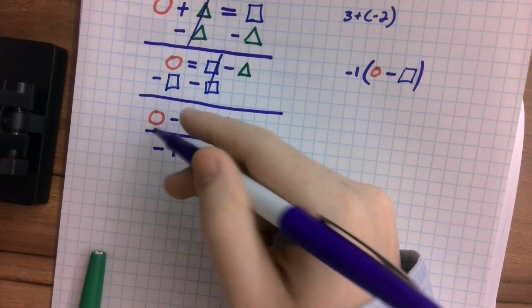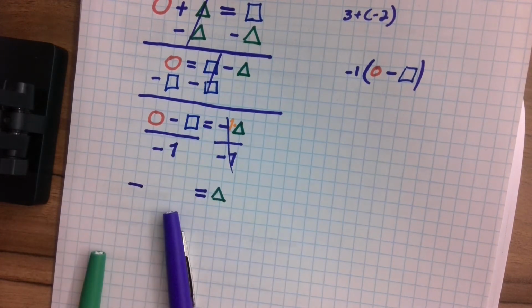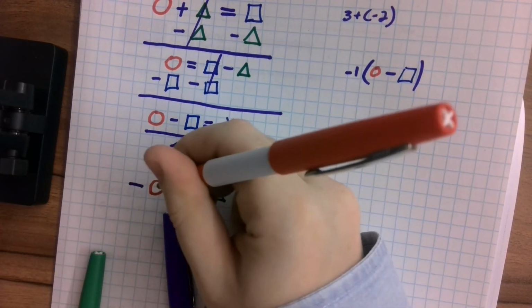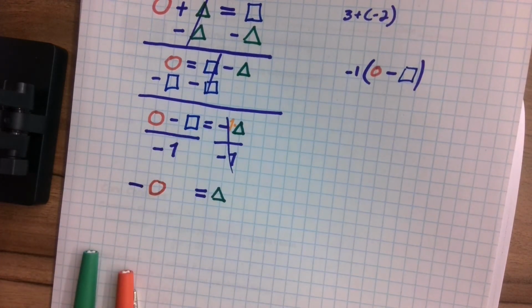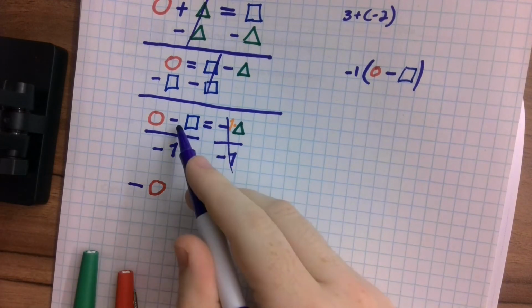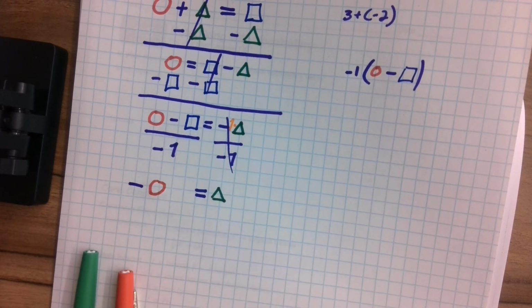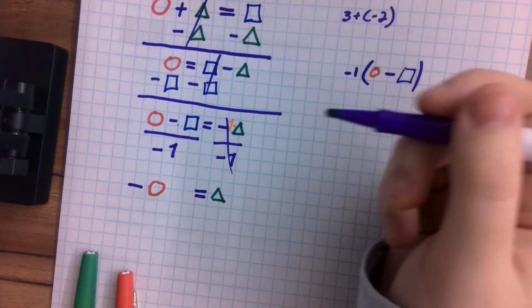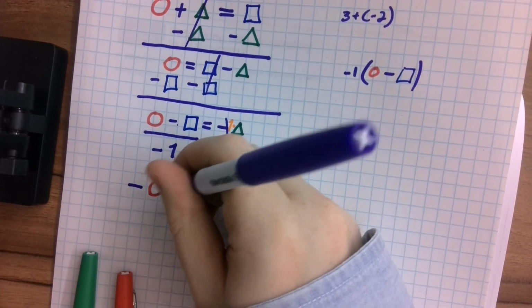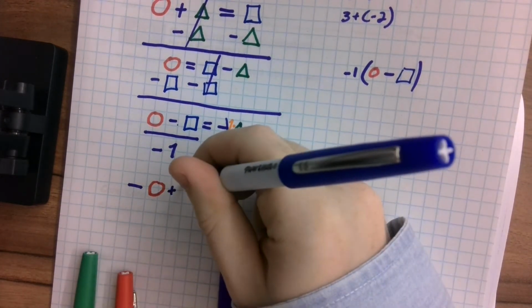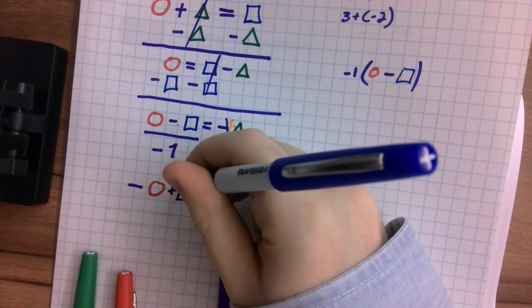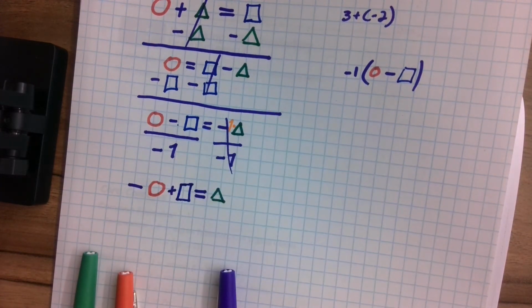So what's the negative version of circle? It would be negative circle. You know we're talking nonsense when we start talking about negative circles in math. What about negative square? Well, a negative divided or times by a negative is a positive. So our final answer is negative circle plus square equals triangle.